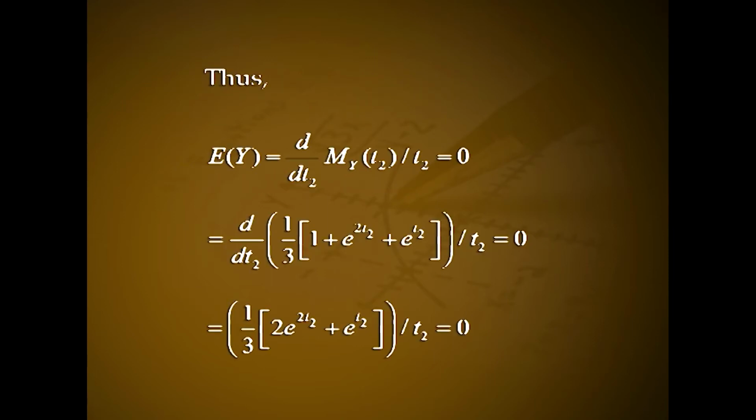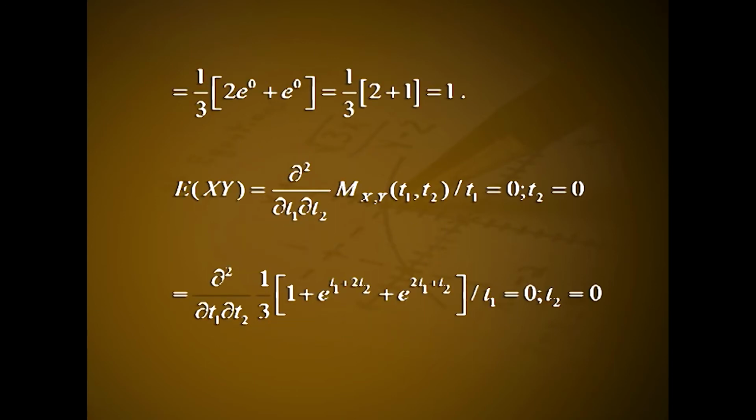Thus, expectation of Y is d/dt2 of M_Y(t2) at t2 = 0, that is d/dt2 of 1/3 (1 + e^(2t2) + e^(t2)) at t2 = 0, which is 1/3 (2e^(2t2) + e^(t2)) at t2 = 0, that is 1/3 (2e^0 + e^0) = 1/3 (2 + 1) = 1.